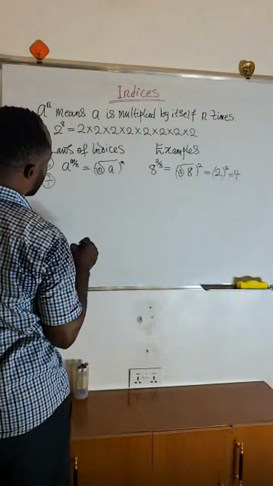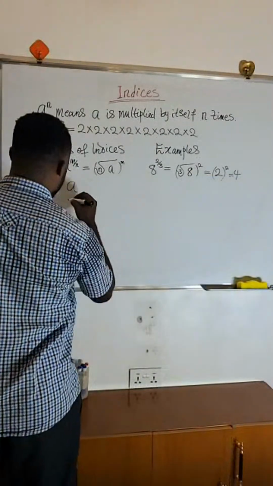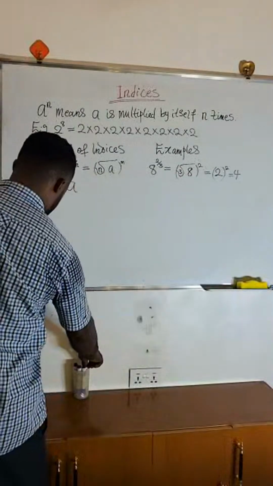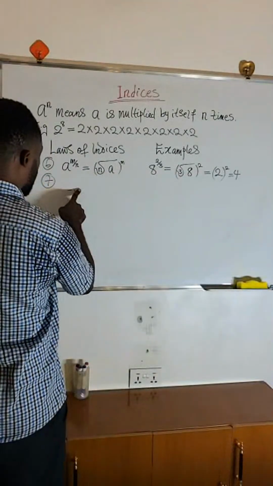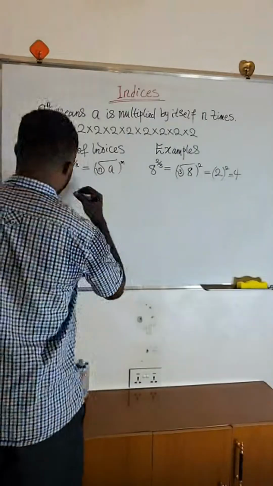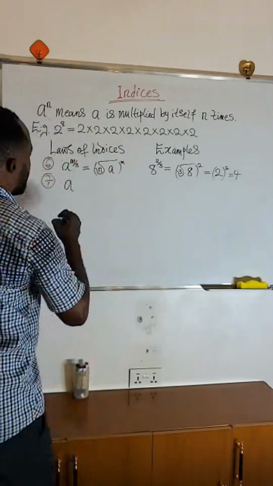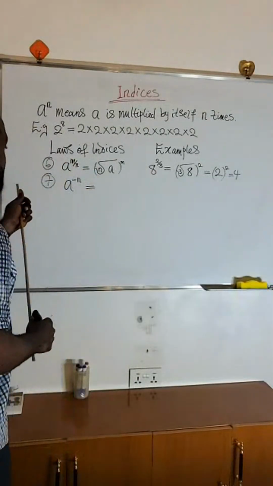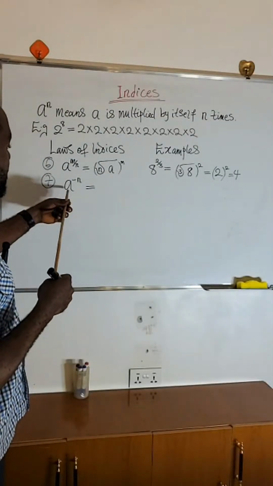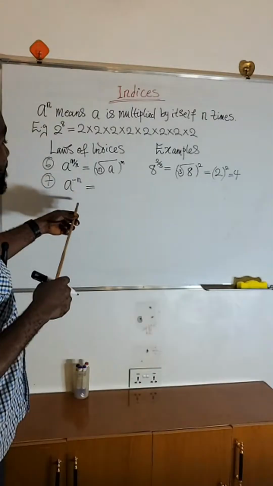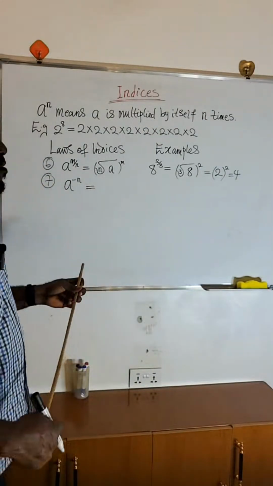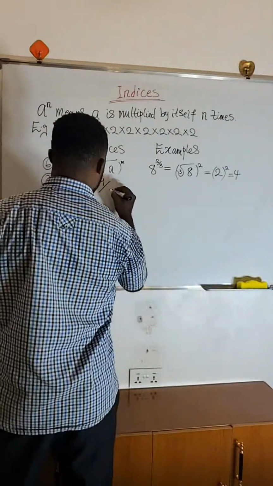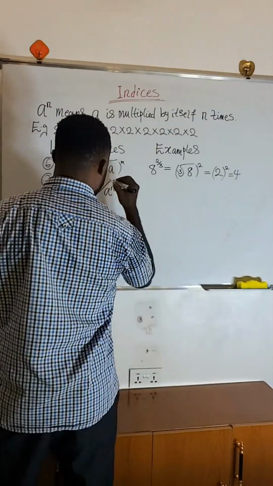You can have something like this. Again, you can have a raised to the power of minus n. Okay, this is the negative index law. So this would be 1 over a raised to the power of n.